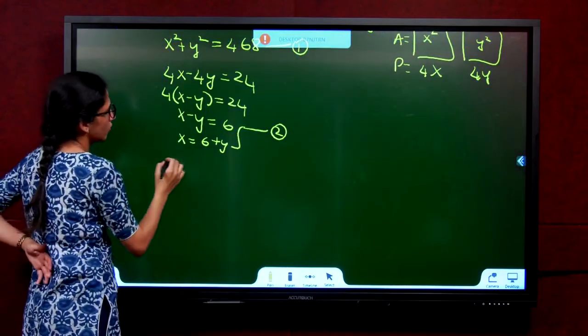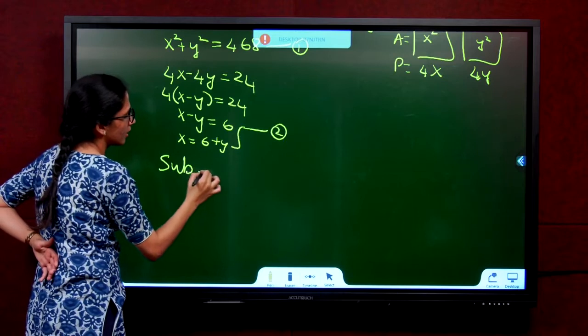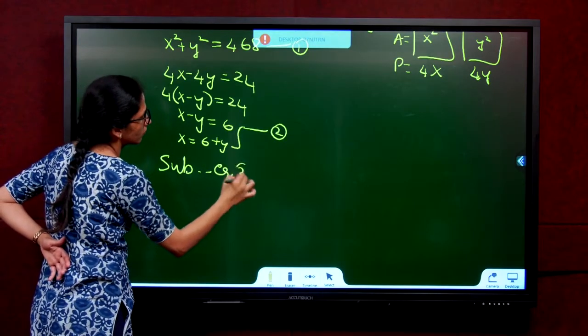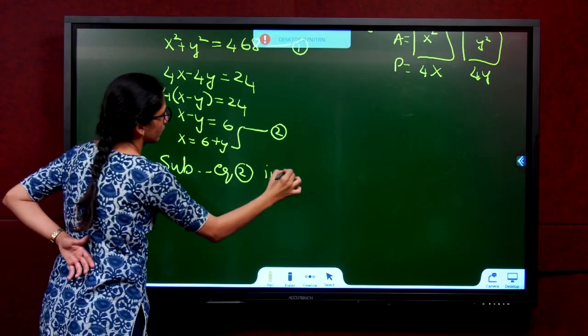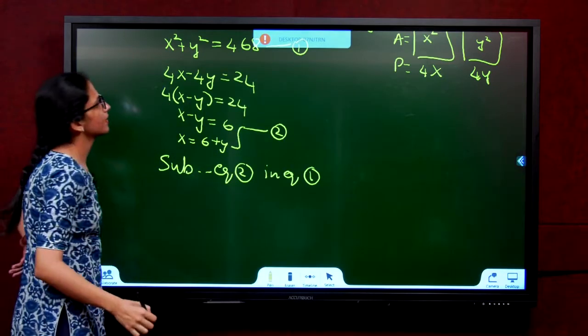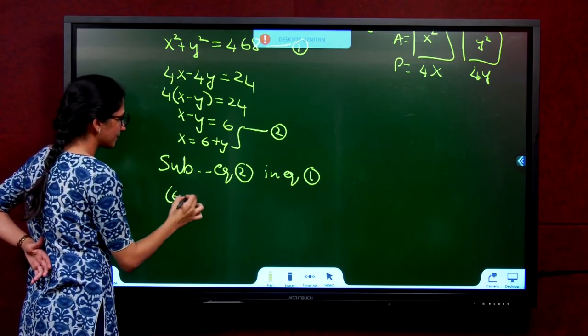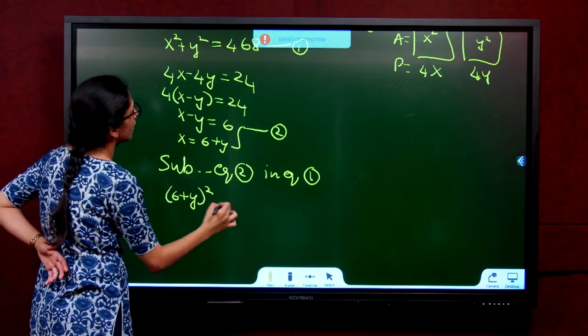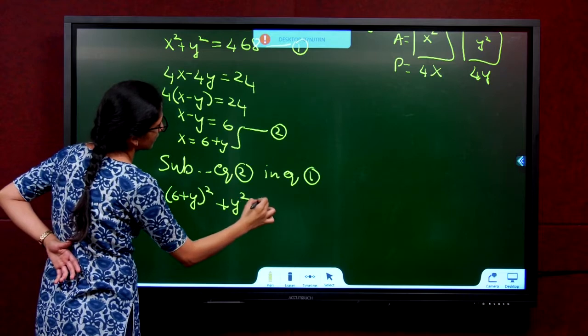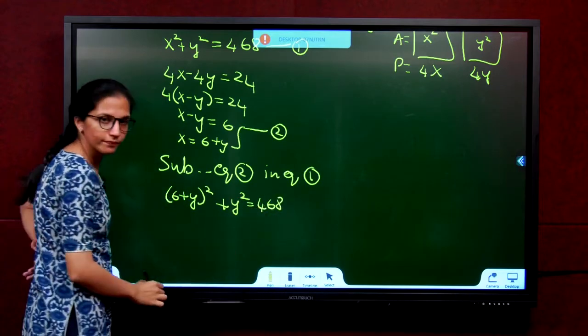6 plus y. So substituting equation 2 in equation 1. What happens now? 6 plus y is going and sitting in the place of x. (6 plus y) the whole square plus y square is equal to 468.